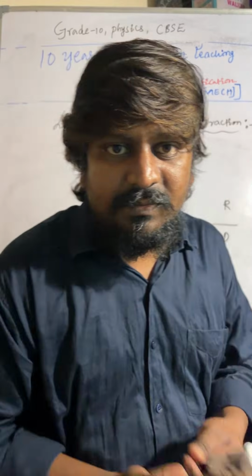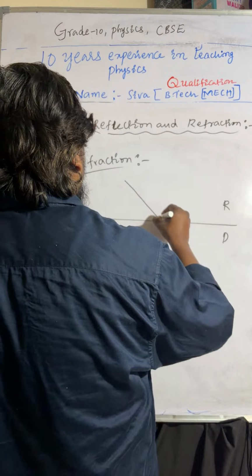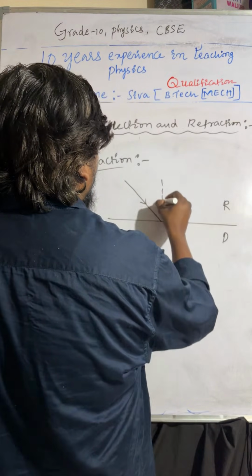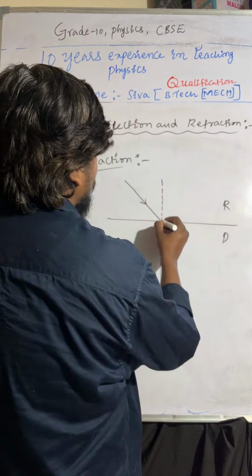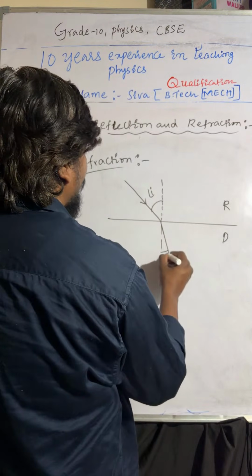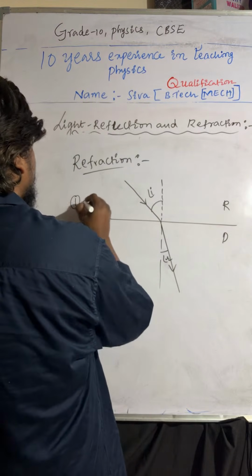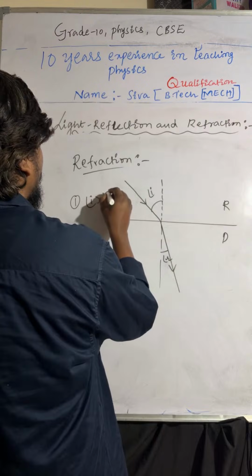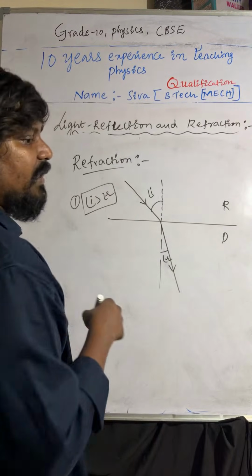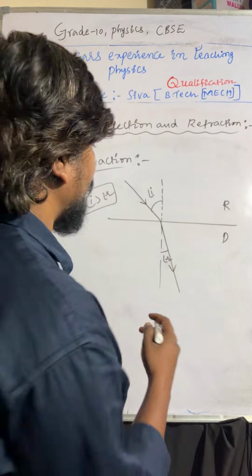When light rays pass from rarer to denser, it bends towards the normal line. Here, angle of incidence and angle of refraction. In the first case, angle of incidence is greater than the angle of refraction, because when a light ray passes from rarer to denser, it bends towards the normal line.